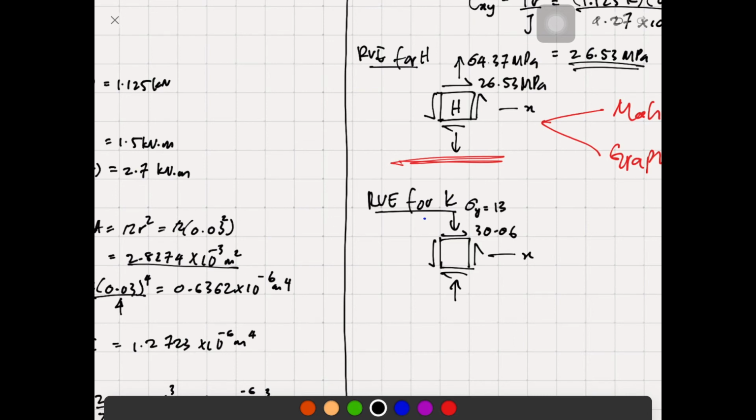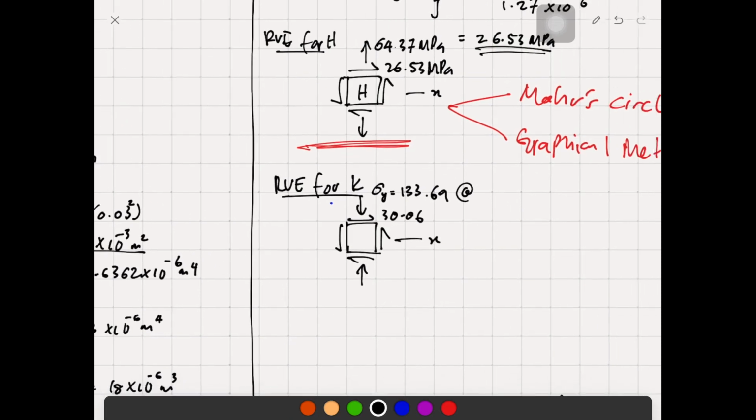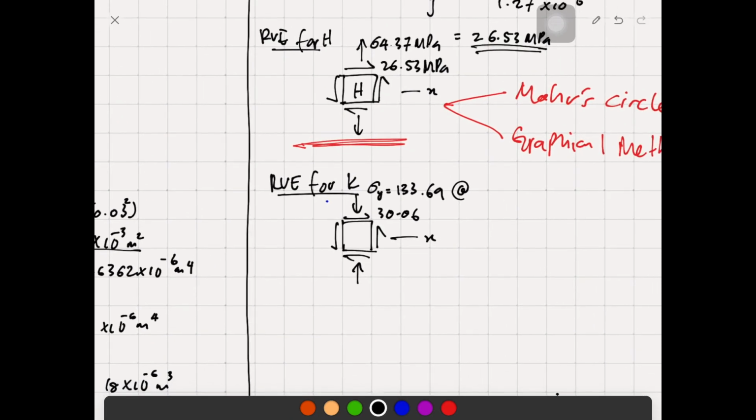The arrow itself shows you the direction, representing the compressive behavior at point K due to the normal stress in the y direction.